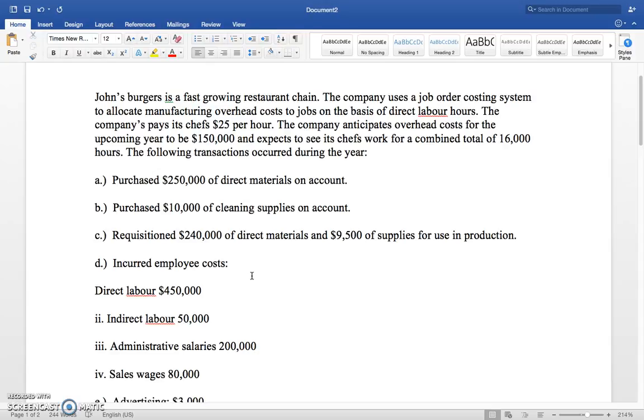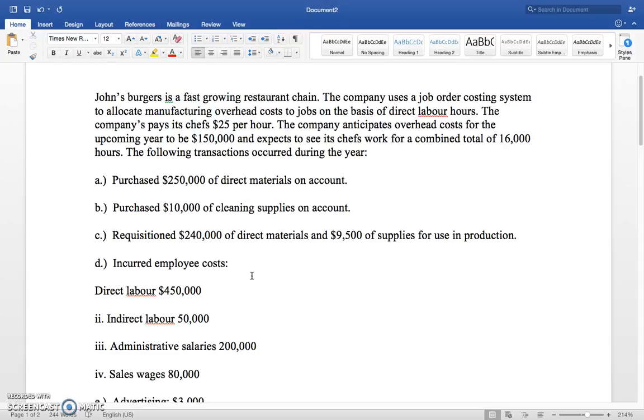Indirect labor can be a supervisor over the person that makes your burgers. You can't really say this guy spent 1 hour supervising, because during that hour, how would you know how many burgers he supervised? That's not possible, and you can't really put it directly into your work in process account.